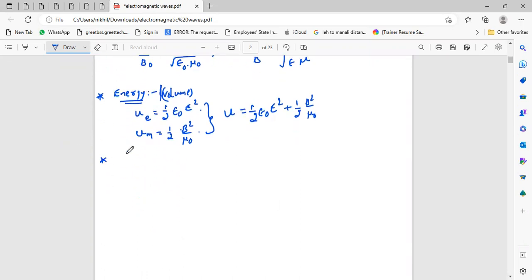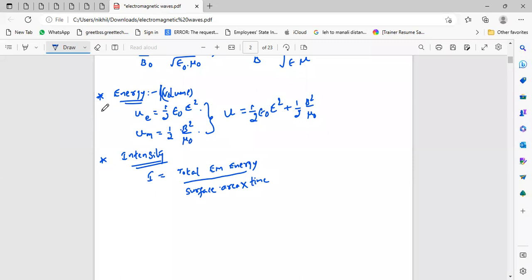So let me take up the third important property, that is intensity. In the case of the intensity, please remember, intensity of the electromagnetic wave is defined as the total electromagnetic energy divided by surface area into time.